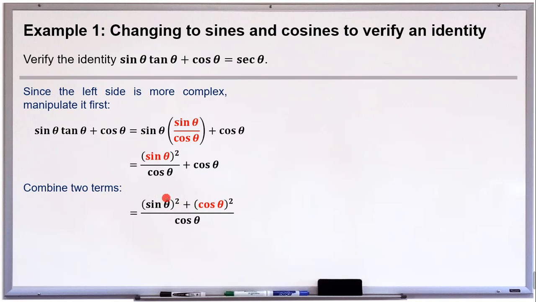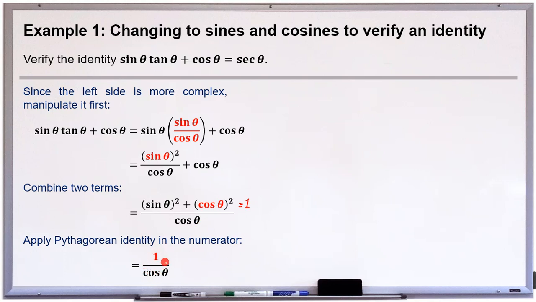And as you can see, the expression in the numerator is very familiar. So we can use the Pythagorean identity. Sine theta squared plus cosine theta squared is simply equal to 1. So the numerator becomes 1, all over the denominator, which is cosine theta.